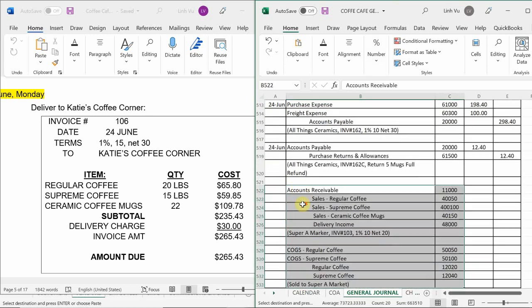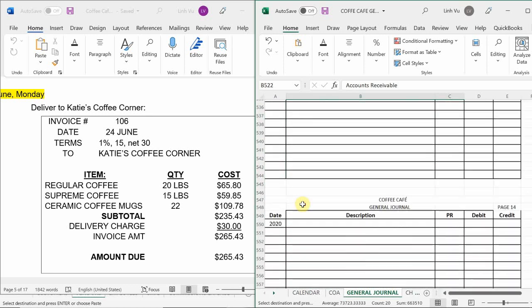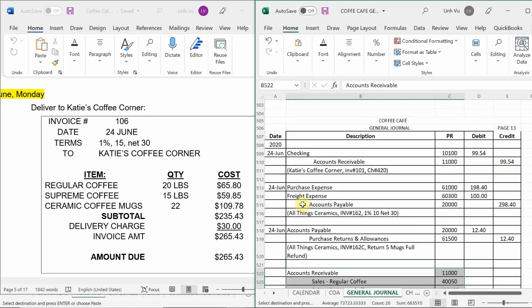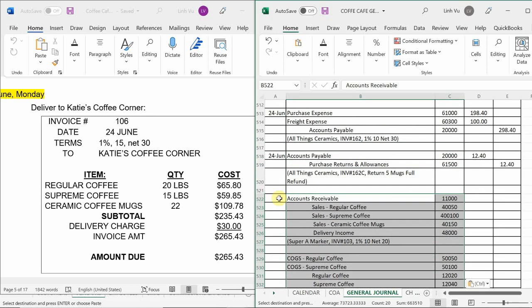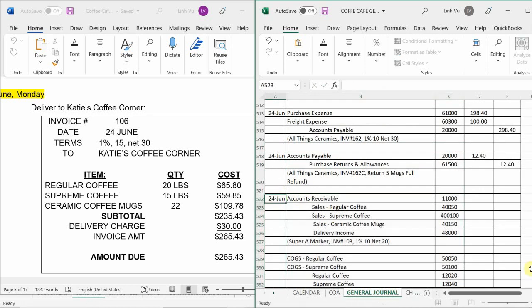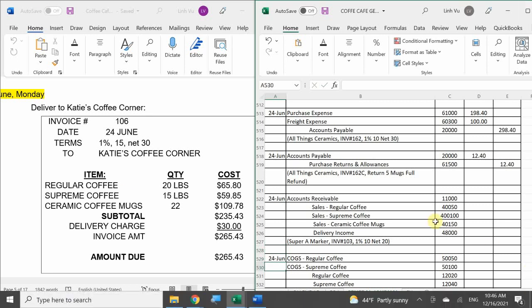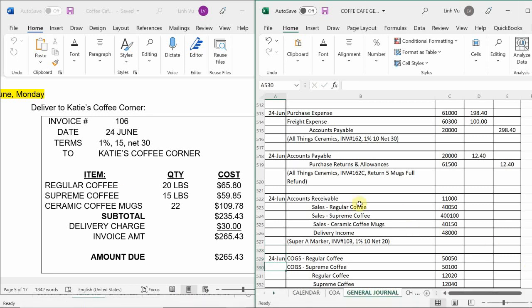All right, we'll fit in here perfectly. Okay, page 13 for Katie's Coffee Corner. So, sales for regular coffee, $65.80.